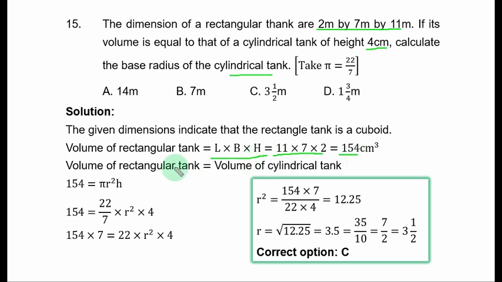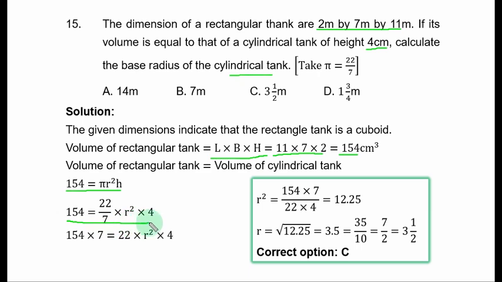The volume of the rectangular tank is equal to the volume of the cylindrical tank. So you have 154 equal to pi r squared h. So you replace pi and h with their respective values. You have it in this form.